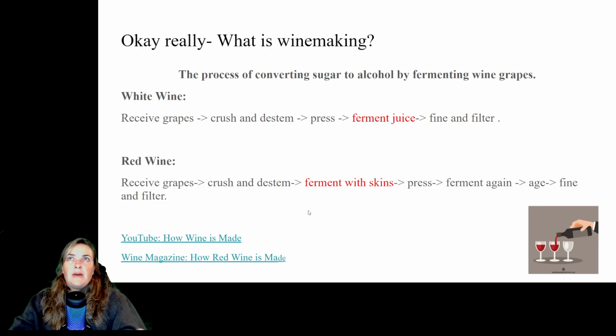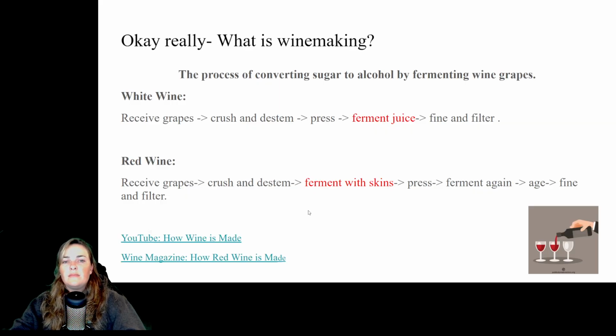So when we think about the process, let's expand it out a little more. It's the process of converting sugar to alcohol by fermenting wine grapes specifically. For white wine, we receive the grapes, we crush and destem them, press, we ferment the juice on its own, then we can fine and filter. We'll talk about fining and what that means as we go on with this class.